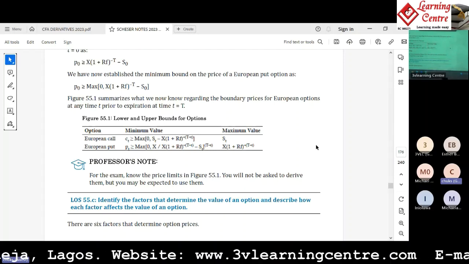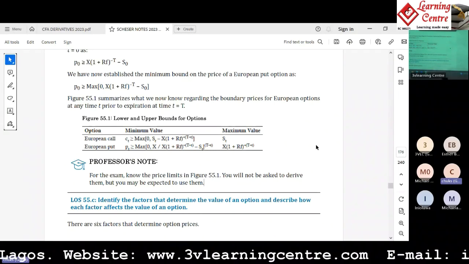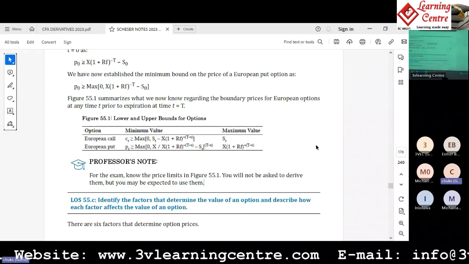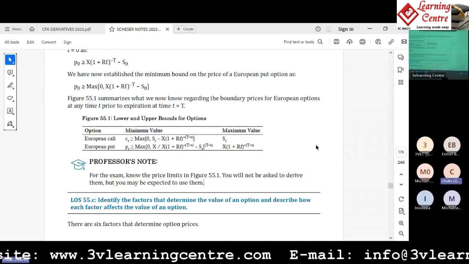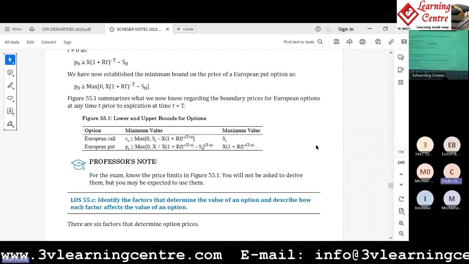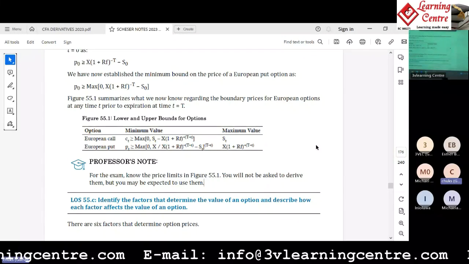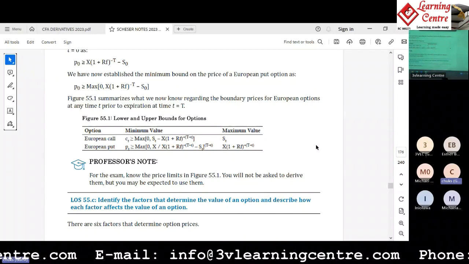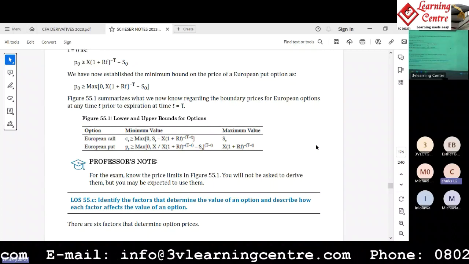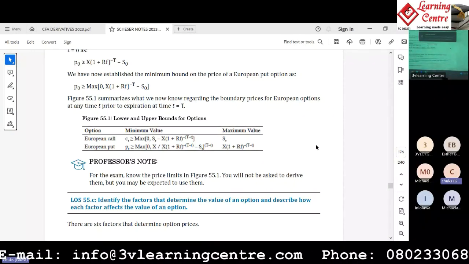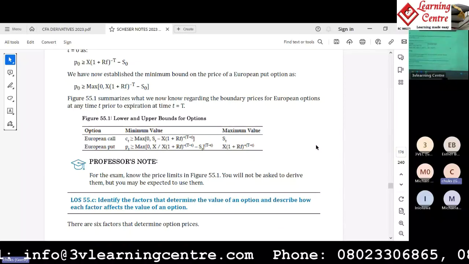If the price of the underlying, which is S, is 50, I will not exercise. I will go to the market and sell at 50. But if it is less than 40, which is my exercise price, if it's 37, I will exercise my option, I will gain 3.